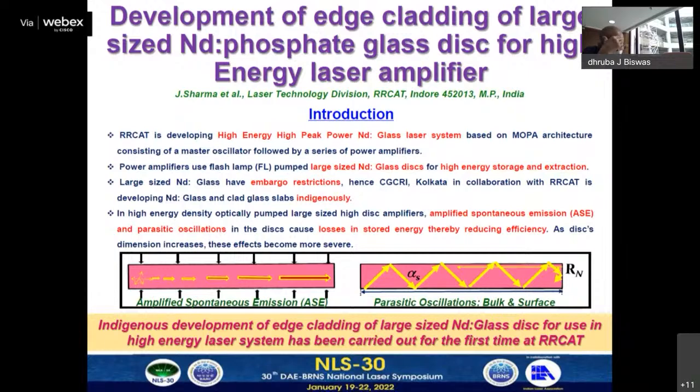This edge cladding requires the cementing of the ND glass with the clad glass. However, this is not a simple pasting. Worldwide, different methods have been explored, and we are doing it using an epoxy-based adhesive. So at RRCAT, we have developed indigenously the edge cladding of large size ND glass disc. Next slide, please.